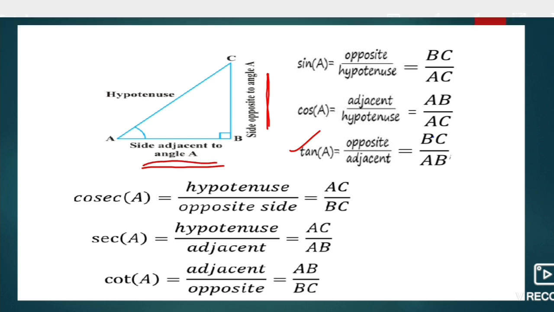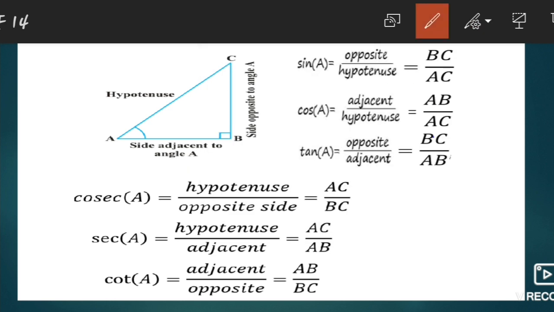Done, first 3. Now next 3. First one is cosec A. Cosec A will be hypotenuse by opposite side. Sec A is hypotenuse by adjacent side. Cot A is adjacent side by opposite side. If you look at these ratios, you can see that these fractions are reciprocal to each other, right?